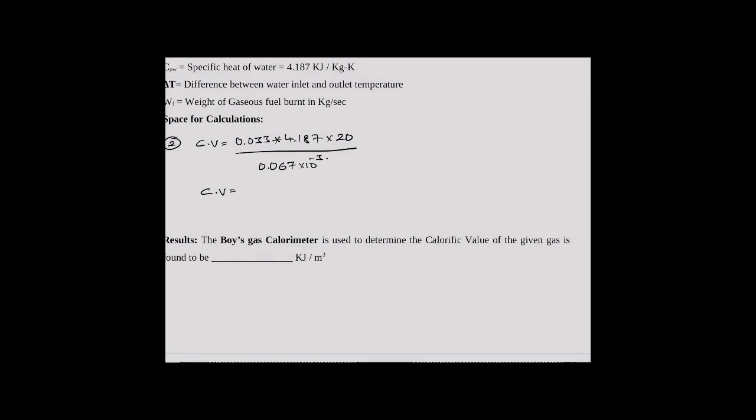I am going to get the calorific value of the fuel. 0.033 into 4.187 into 20 divided by 0.067 into 10 to the power of minus 3. I am getting around 41,245.07 kilojoules per meter cube.